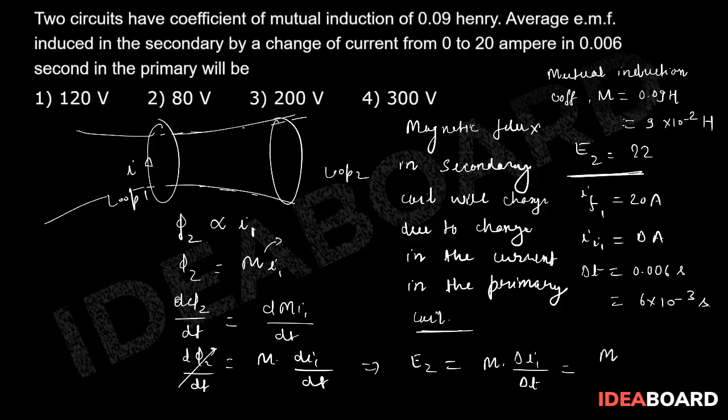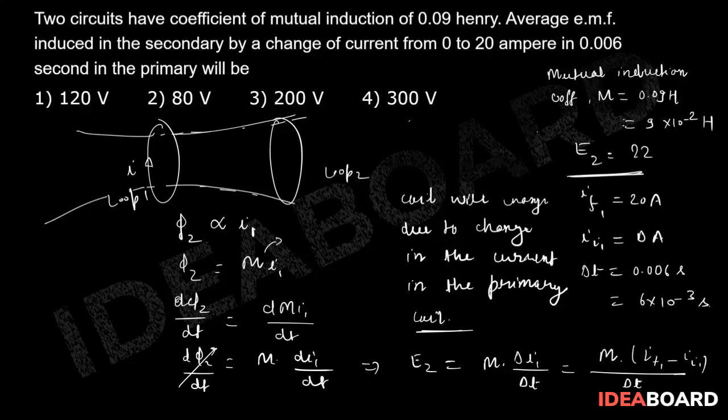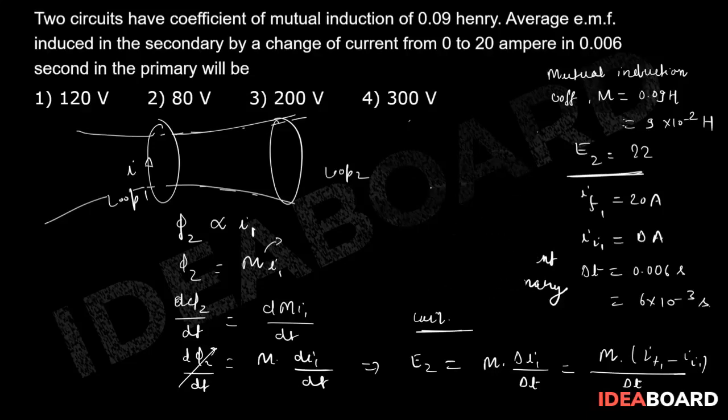And now we need to just put the values. This will become I final 1 minus I initial 1 divided by delta t. Now our task is to put the values and get the final answer. So what do we get now?